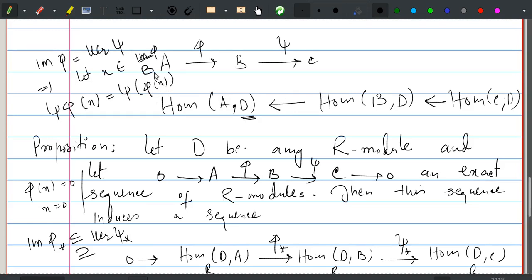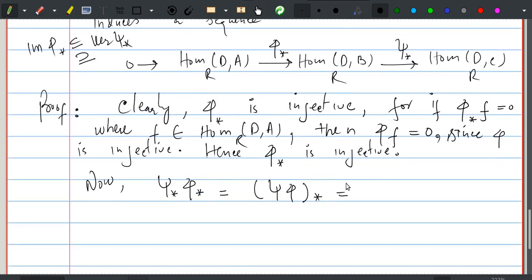Now phi x is in image of phi, but image of phi is the same as kernel of psi. That means phi of x is in kernel of psi, so this is 0. Now since x was chosen arbitrarily, psi phi is everywhere 0.